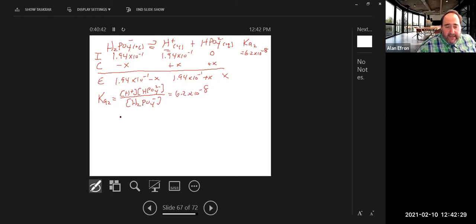That's going to give us up on top, let's see here, 1.94 times 10 to the minus 1 plus X times X divided by 1.94 times 10 to the minus 1 minus X equals 6.2 times 10 to the minus 8. We'll make the assumption, since we've done it before, X is equal to 0.